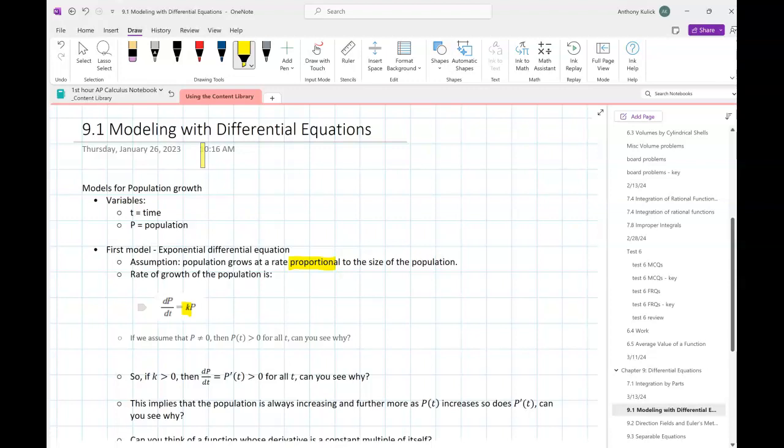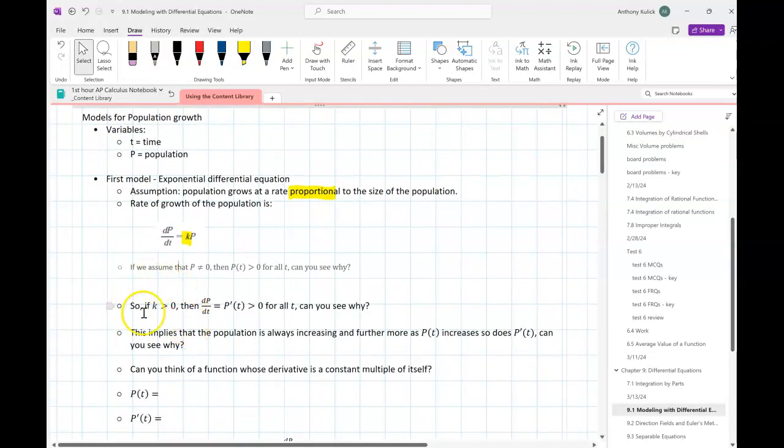Note here that we assume the population is non-zero and non-negative, right? Because it's a population.